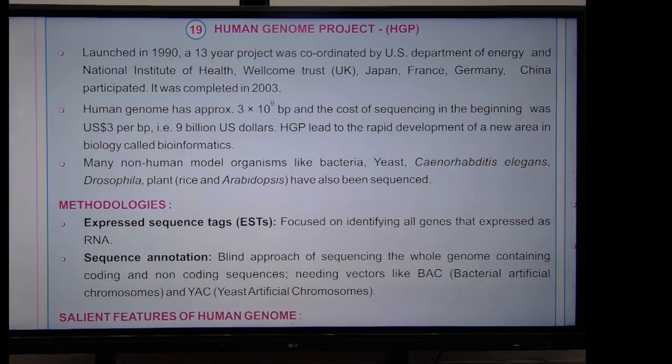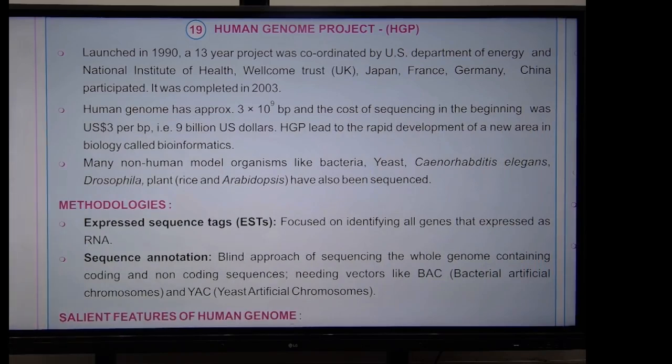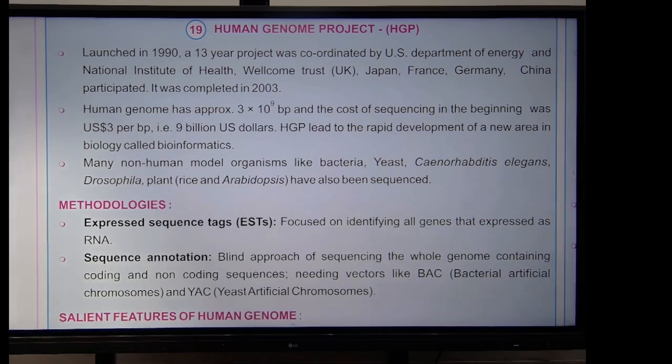The DNA fingerprinting. So the Human Genome Project has only one objective, to find out the sequence of all the 46 chromosomes, which was launched in 1990, a 13-year project coordinated by the US Department of Energy, the National Institutes of Health, the Wellcome Trust in the UK, Japan, France, Germany, China. All of them participated, and it was completed in 2003.